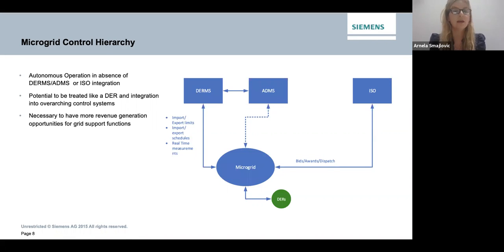At the same time, there could be two interfaces with the overarching DERMS and or ADMS, depending on the utility grid setup and structure. Utilities via the DERM system can provide import and export limits, and subsequently the controller provides import and export based on bid awards from the ISOs.